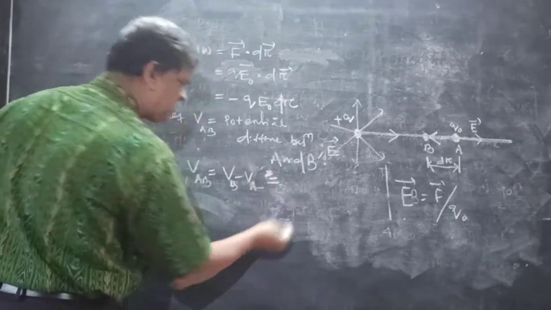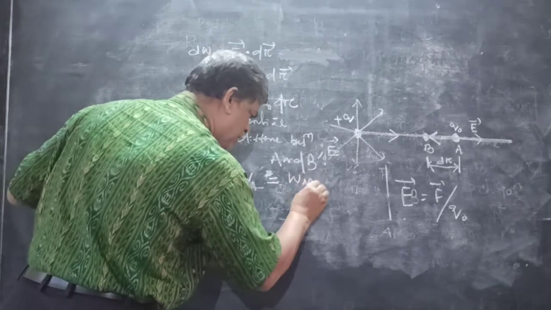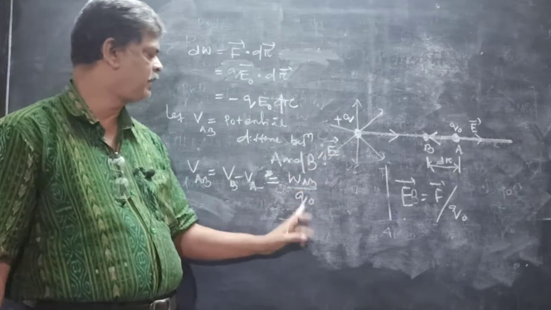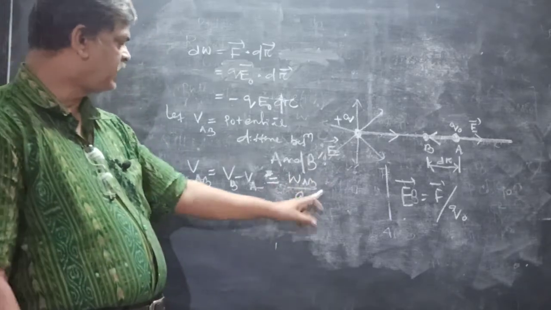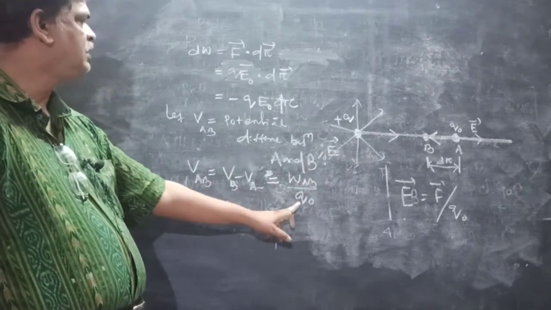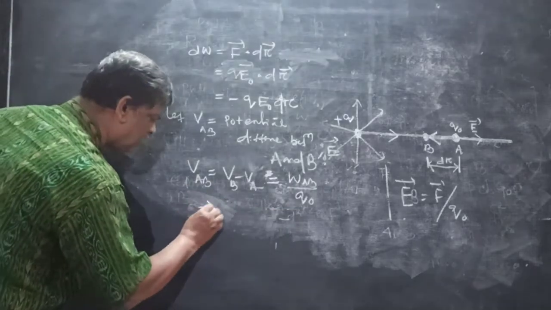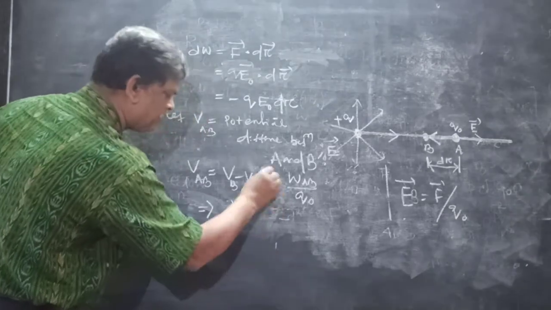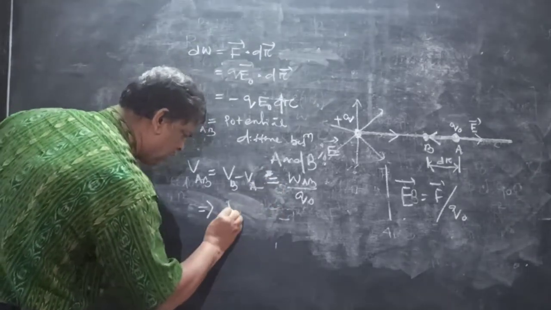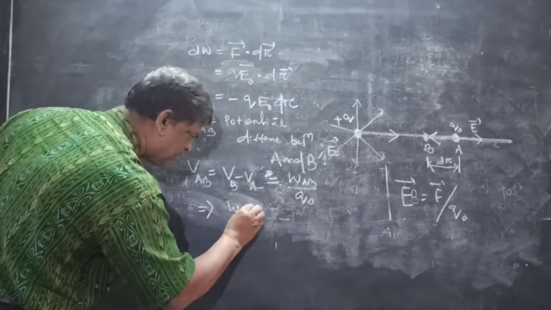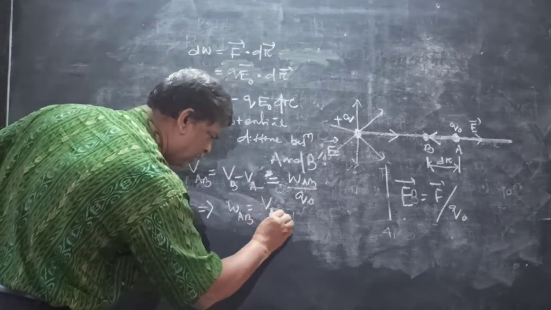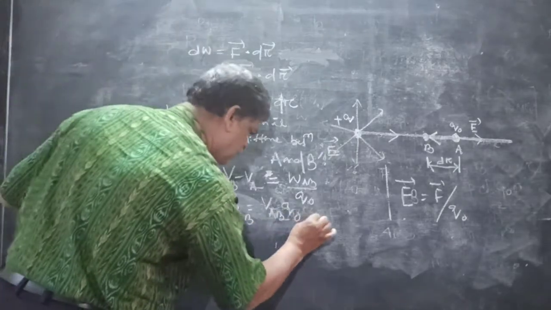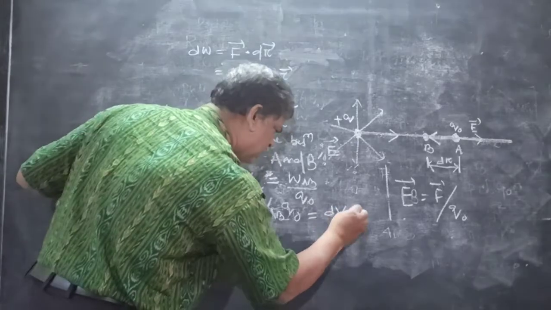By definition, the potential difference is equal to W A B by Q naught. So W A B is V A B into Q naught. Potential difference V A B, we can write, is equal to dV into Q naught.